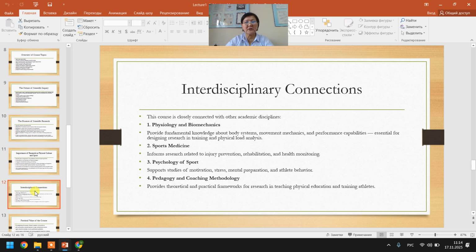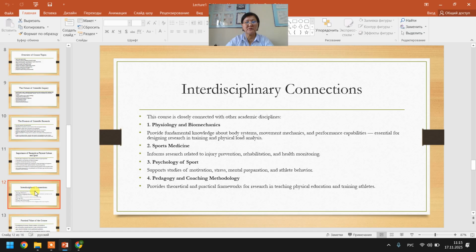In terms of disciplinary connections, this course is closely connected with other academic disciplines. Physiology and biomechanics provide fundamental knowledge about body systems, movement mechanics, and performance capabilities, essential for designing research and for training and physical load analysis.